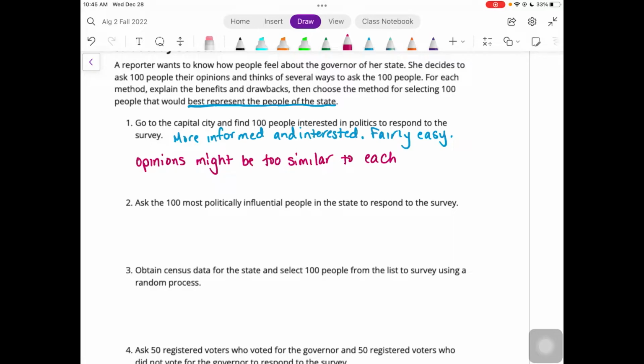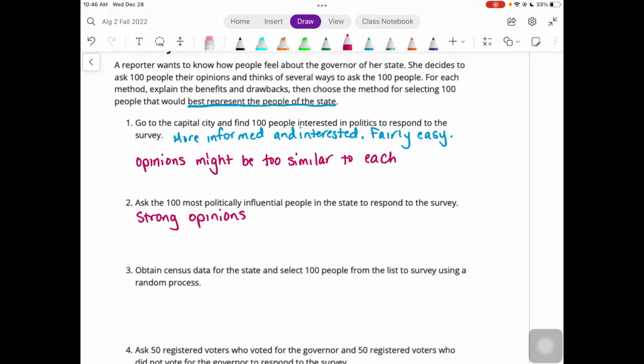All right, so number 2, ask the 100 most politically influential people in the state to respond to a survey. Well, if they are very politically influential, they might have strong opinions, right? And that could be bad for trying to get your finger on the pulse of the entire state.